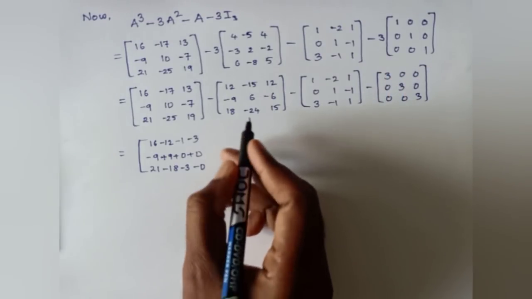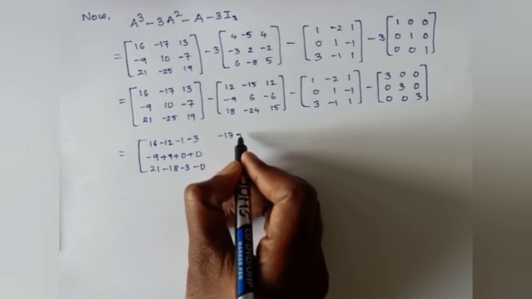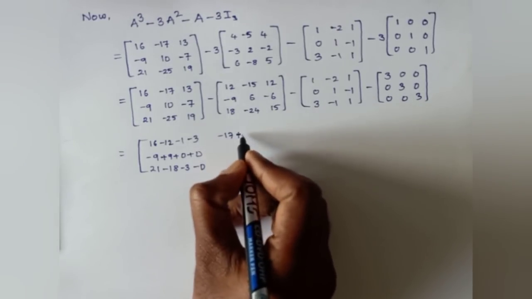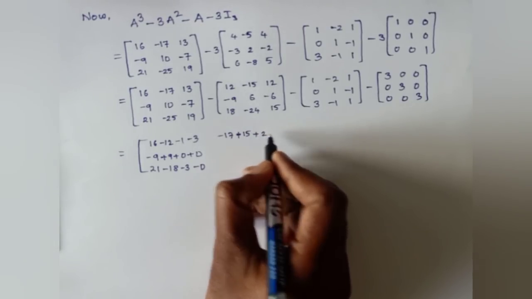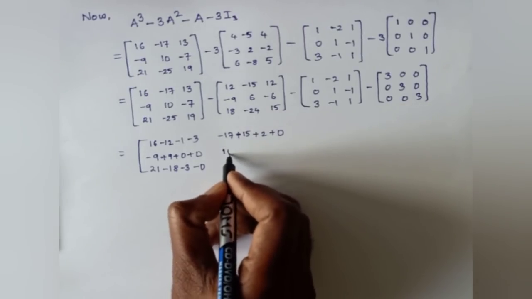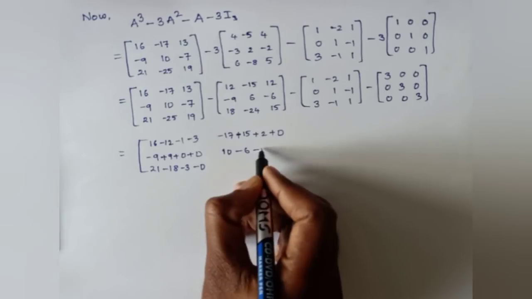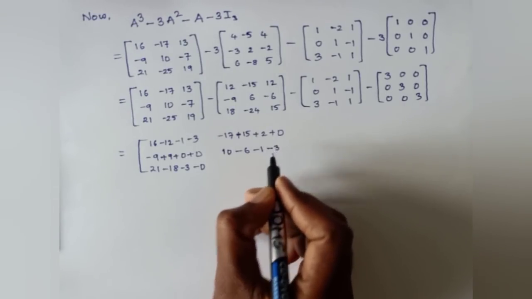So the elements are minus 17 plus 15 plus 2 plus 0. Next, 10 minus 6 minus 1, this is minus 3.